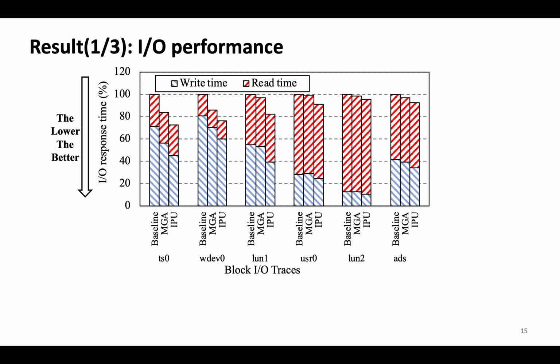Then I'll show the evaluation results. The first result is I/O performance. You can see the x-axis represents block I/O traces and 3 methods, and the y-axis means normalized I/O response time. The 2 parts of each bar represent write time and read time. The lower the better.